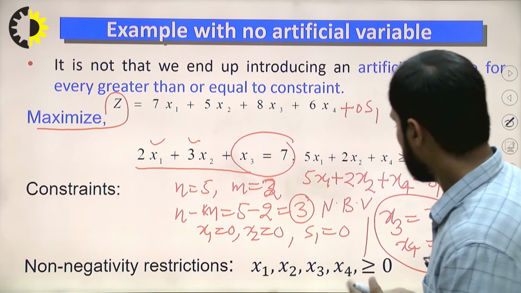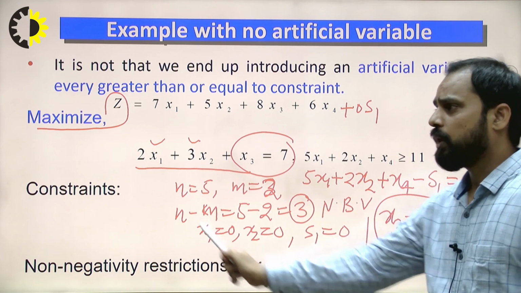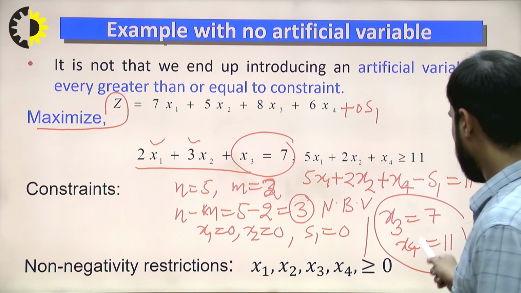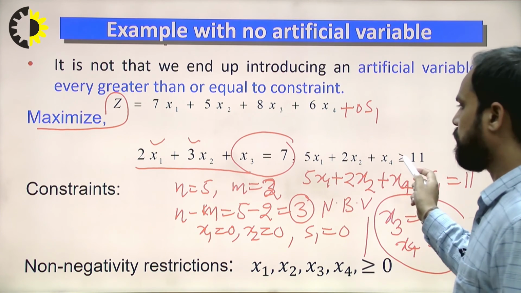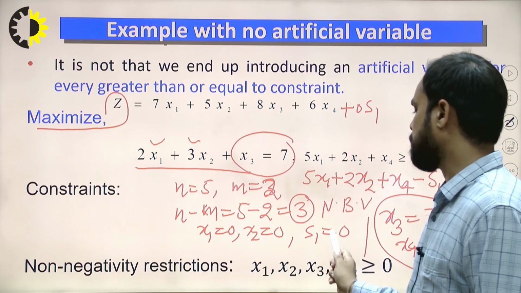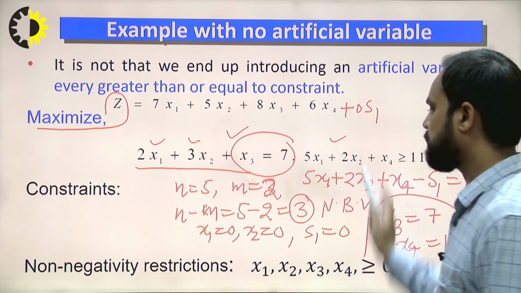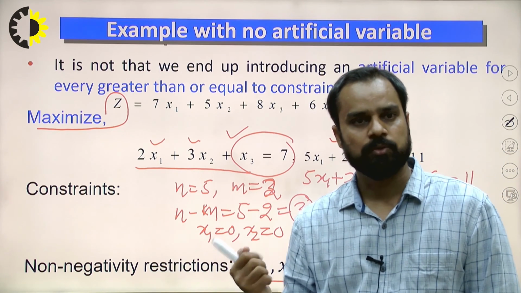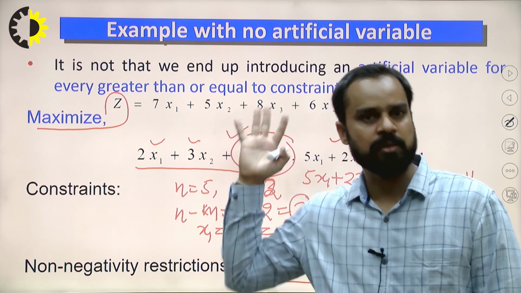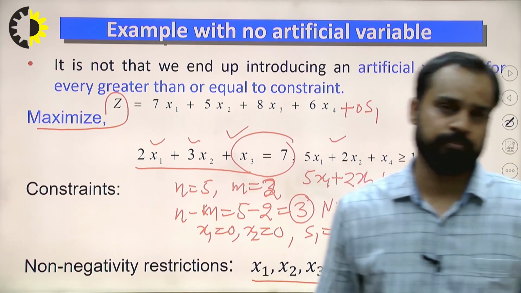Right? So here there is no requirement. You can check here. If you put x3 equal to 7 and x4 equal to 11 and x1, x2, s1 equal to 0, all constraints are satisfied as well as the non-negativity restriction. So we can say this is the basic feasible solution.